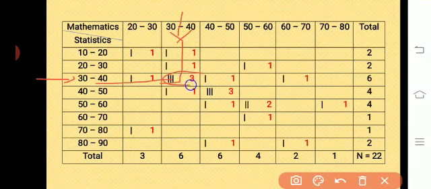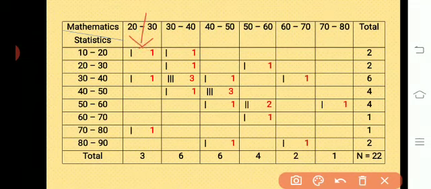In this cell we have to give one tally mark for roll number 9. Similarly, roll number 10, marks in mathematics are 28. So 28 will come in this class interval, and marks in statistics are 72. So 72 will come in the class interval 70 to 80. So at the intersection of these two, we have to give one tally mark in this cell.